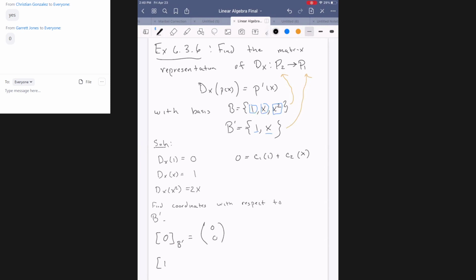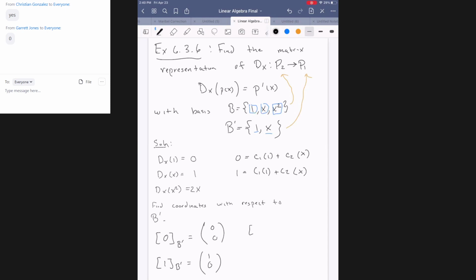What about 1 with respect to the basis B prime? 1 equals c1 times 1 plus c2 times x, so 1, 0.